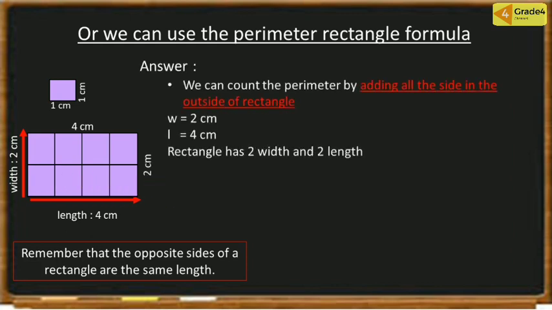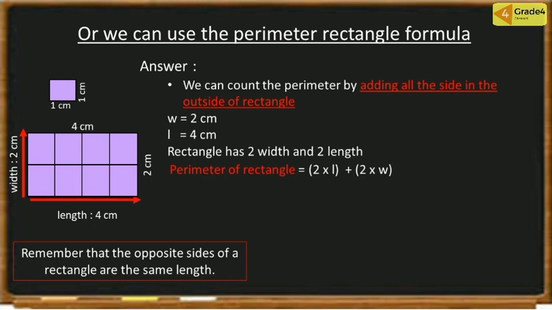We can count the perimeter by adding all the sides on the outside of the rectangle. From this picture, we know that the width is 2 centimeters and the length is 4 centimeters. The rectangle has 2 widths and 2 lengths. So we can get the formula.